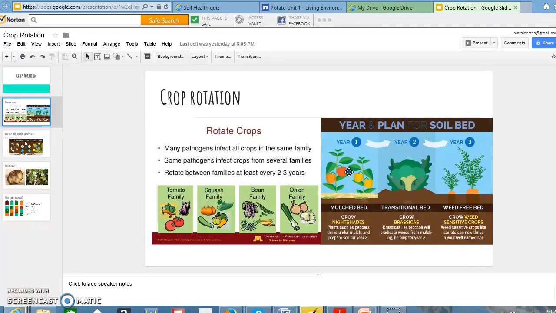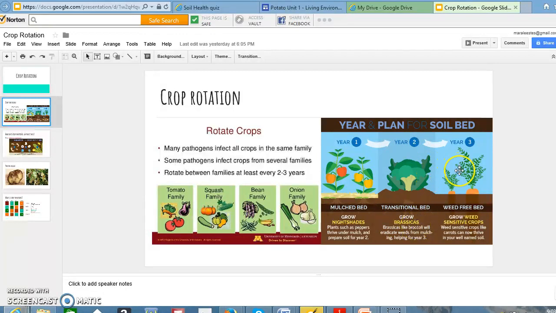And tomatoes and potatoes, even though you wouldn't think it, are actually both a part of the nightshade family. So in our case, we're going to plant potatoes. Now next year, we do not want to plant potatoes in the same spot. We would plant something from a different family, maybe a broccoli, which is from the brassica family.